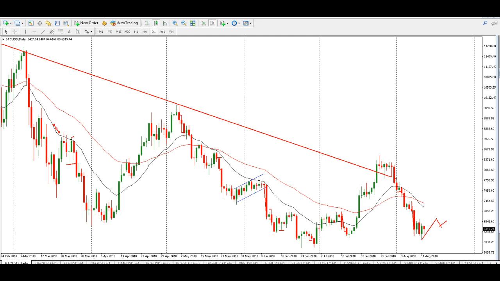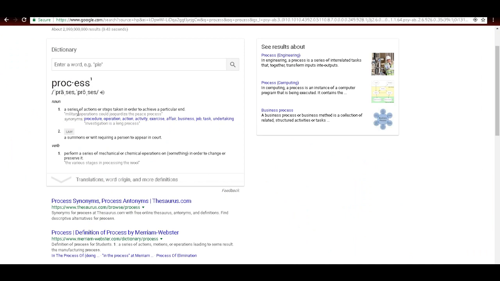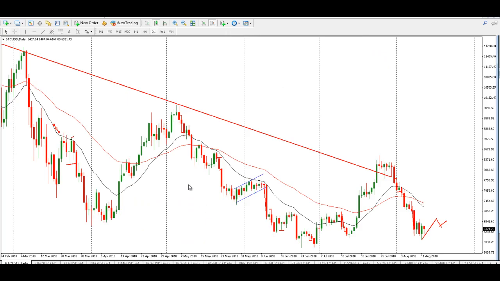So let's go over the definition of the process: a series of actions or steps taken in order to achieve a particular end. So steps. And you have to understand, guys, when you're trying to understand the process and get used to the process, you can't skip steps.